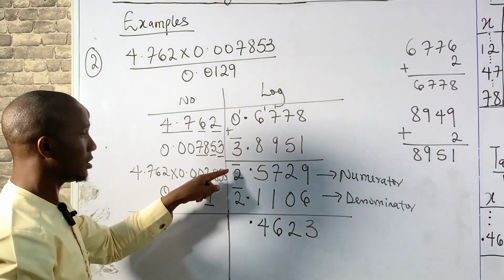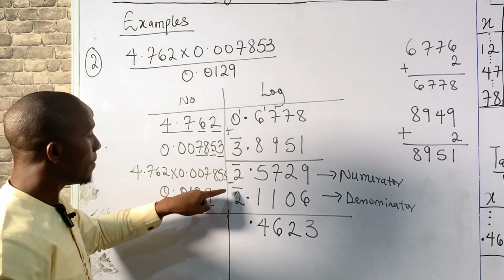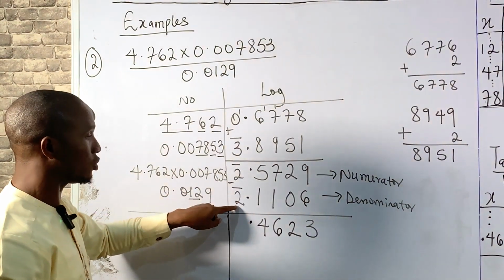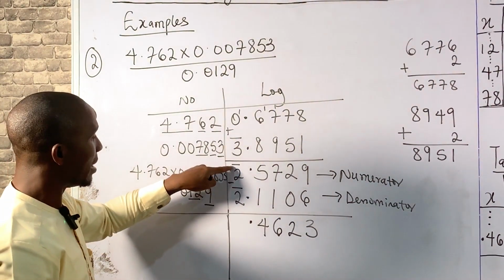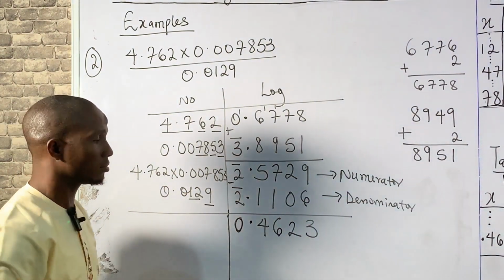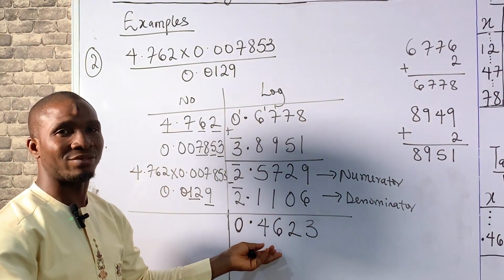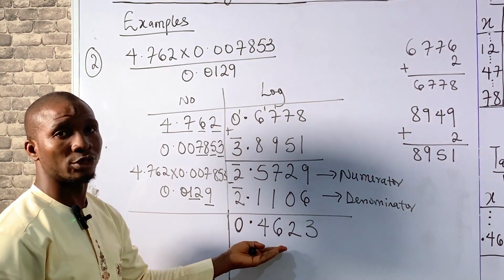Point. No, we are subtracting, don't forget. Bar 2 minus bar 2 turns to minus 2 plus 2. That will give us what? 0.